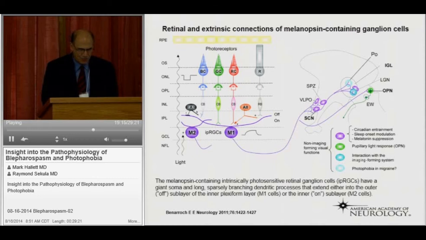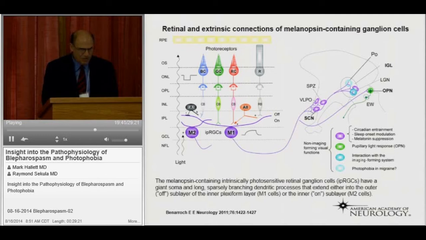And the cones are blue, green, and red cones. They're the ones that see in bright light and can identify colors. And the rods are those that see more in the dark and are responsible for black and white type observations. And they send their information through the optic nerve to the brain in order to see.